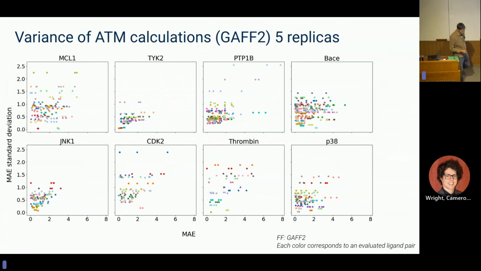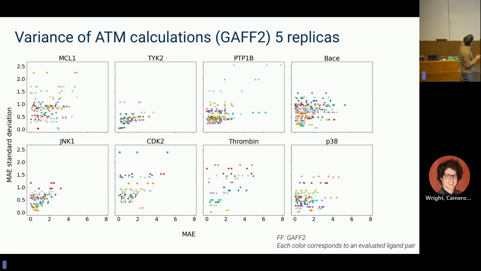So we also did, as I said, we had replicas. I said, okay, so if we want to run these things, what should we run? Should we run one replica per pair? Should we do 3 replicas per pair? 10 replicas? Or doesn't it even make sense to run replicas? And so we've done this type of plot to see what was the case. So here we have the MAE, and here you have the standard deviation of the results. So in this case, we ran 4, and in this case, we ran 3, and here we ran 4 again, and so on.